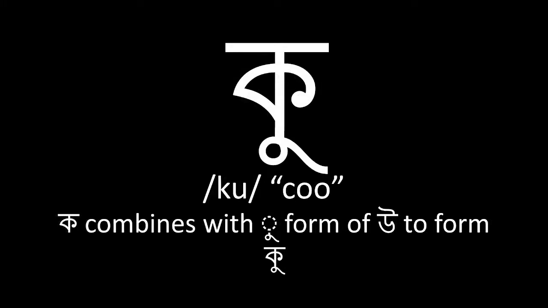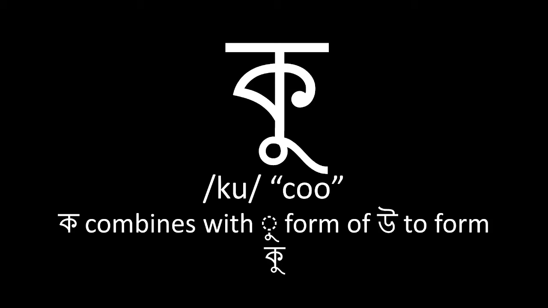This is ku. As you can see, once again, we have a symbol which is a reduced form of this vowel, u. This is another instance of vowels which used to be pronounced differently, but now are pronounced the same in Bengali.